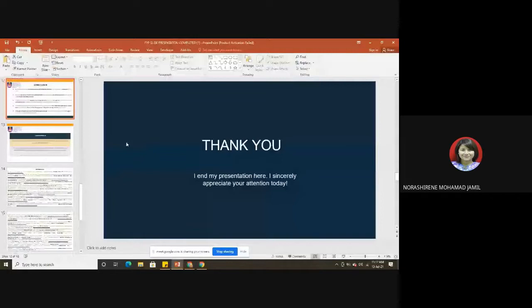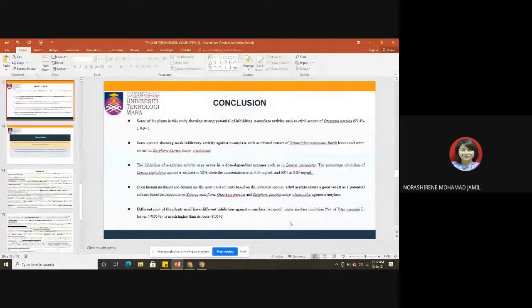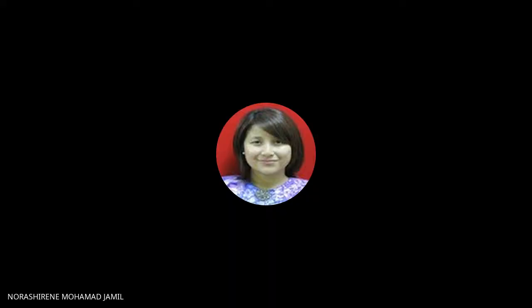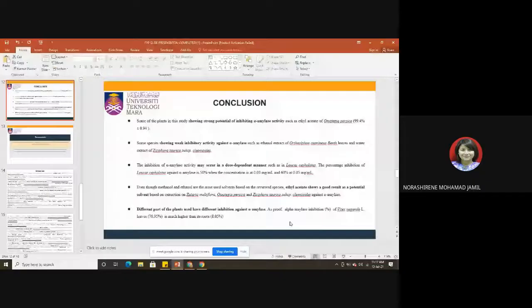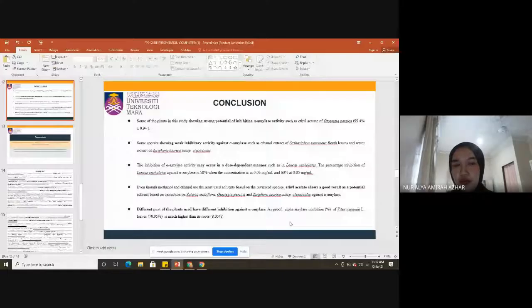So based on your conclusion, based on your data, which is again the best solvent that you believe shows a higher inhibitory activity? I believe it is ethyl acetate because of the result from the alpha-amylase inhibition of the Asteraceae persica, which is very high, almost 100%.